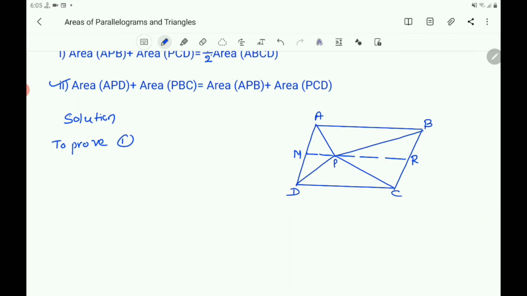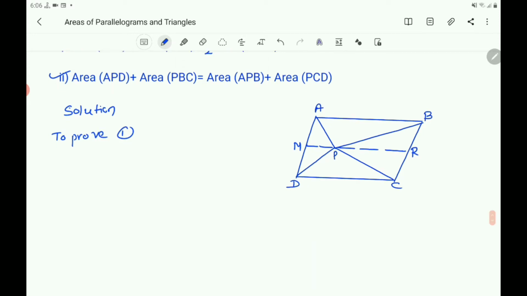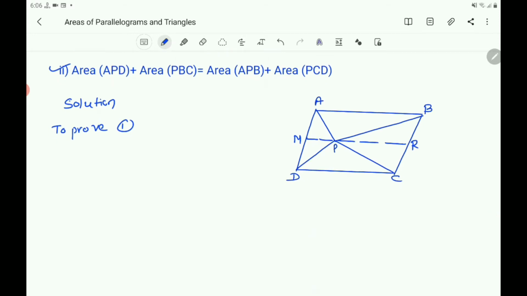So what is the construction here? You write: given ABCD is a parallelogram and you draw MR parallel to AB. Here AB is parallel to CD and AD is parallel to BC.